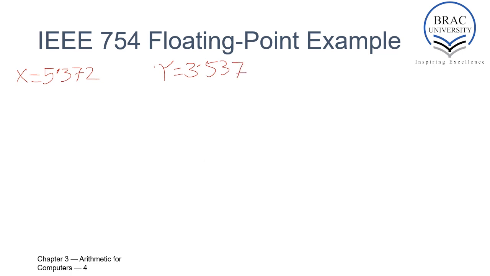Before we perform the multiplication, let's see what the actual exact result would be. x multiplied by y would give us 19.0007. This is the actual result that you could get if you enter these two values in the calculator.